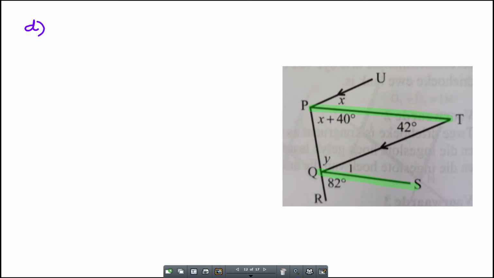Sê maar, X is 42. X is 42 degrees. My rede is verwisselende hoeke, want PE is parallel aan QT. Okay, dan vul ek hom daar in op my sketsie, so 42. Okay, nou as daai 42 is, beteken dit hierdie is 42 plus 40.